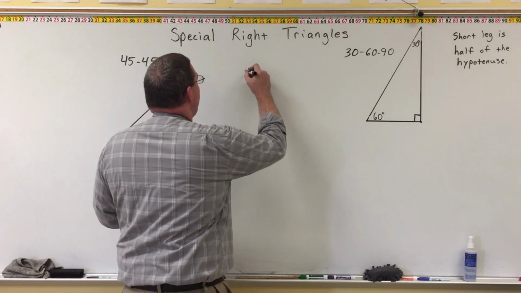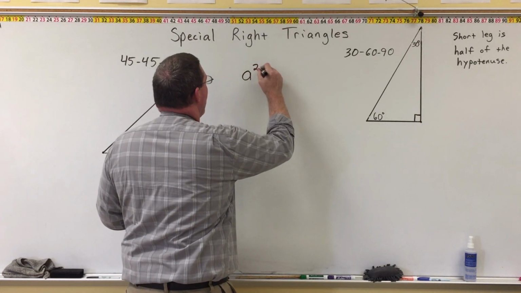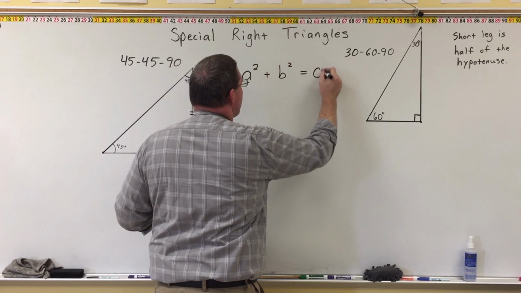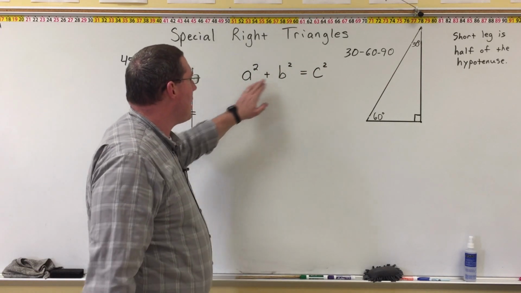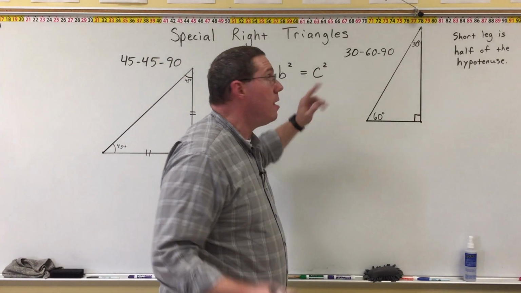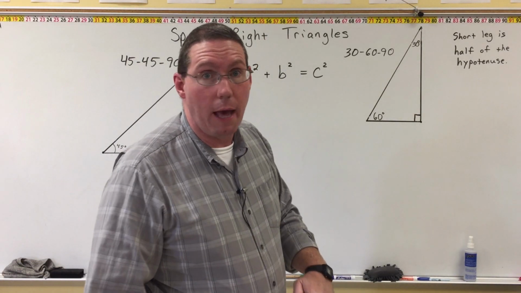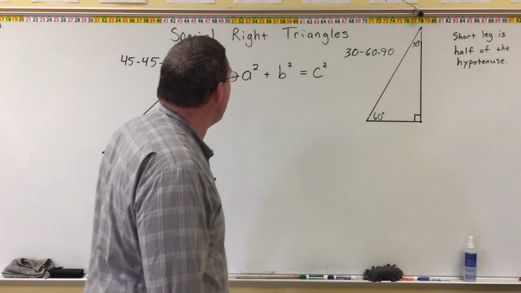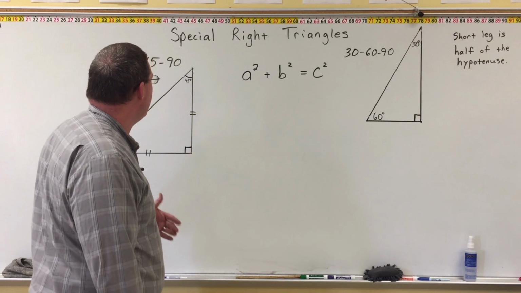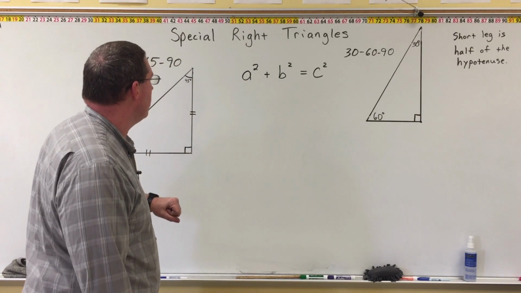And if you remember, the Pythagorean Theorem goes a squared plus b squared is equal to c squared, where a and b are the legs and where c is the hypotenuse, okay? And so what we're going to do is find the proportional lengths of these sides, how they relate to each other.